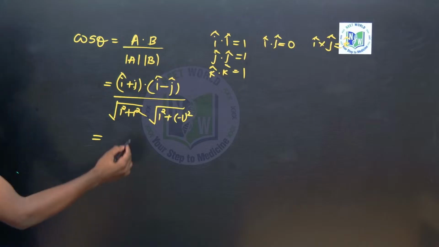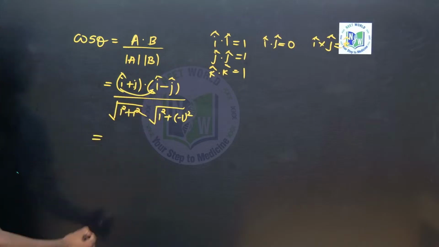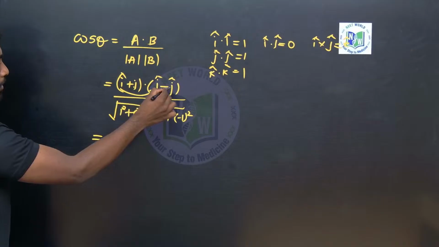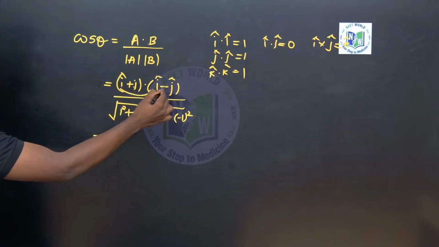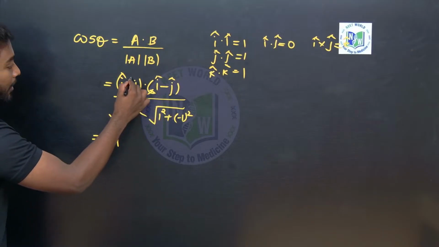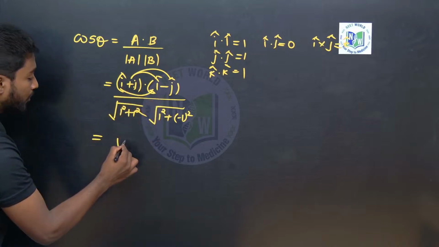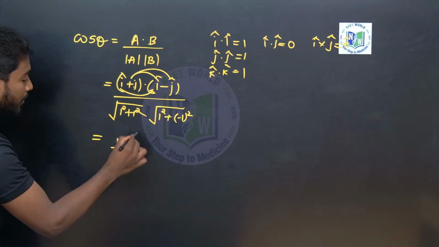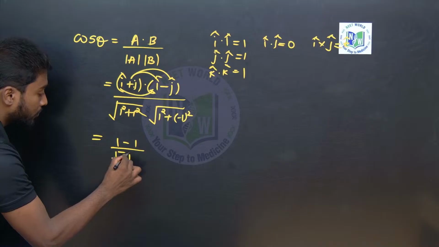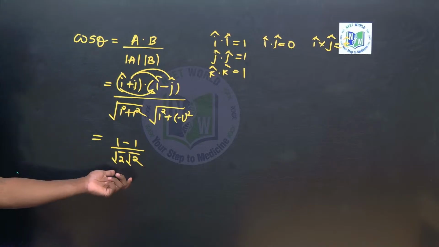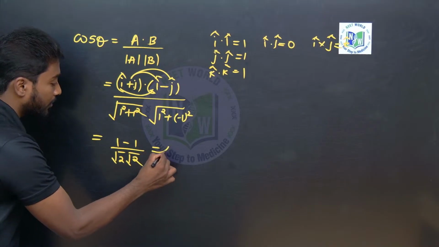So here i dot i is 1, i dot j is 0, j dot i is 0, j dot j is 1. So 1 into minus 1 is minus 1, divided by root 2 into root 2.